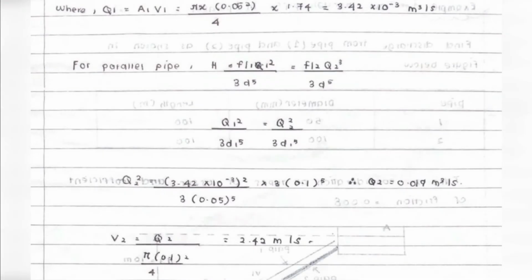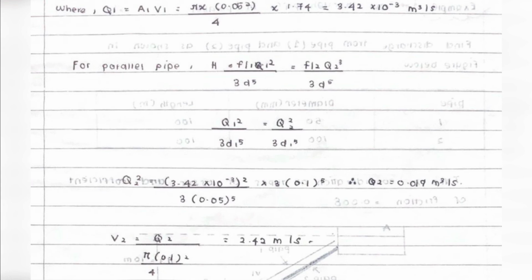So the answer is V1 equals 1.74 meter per second.